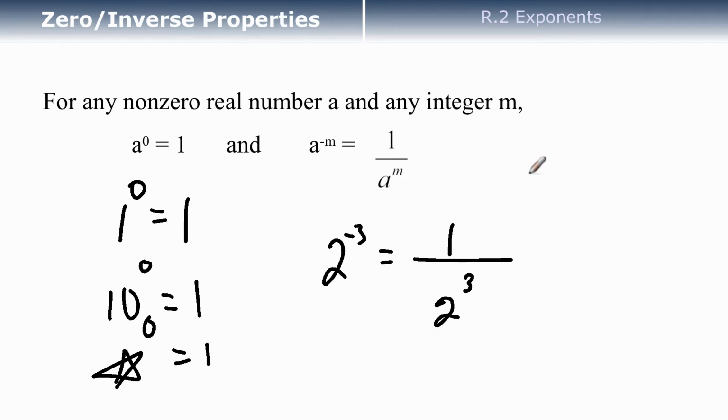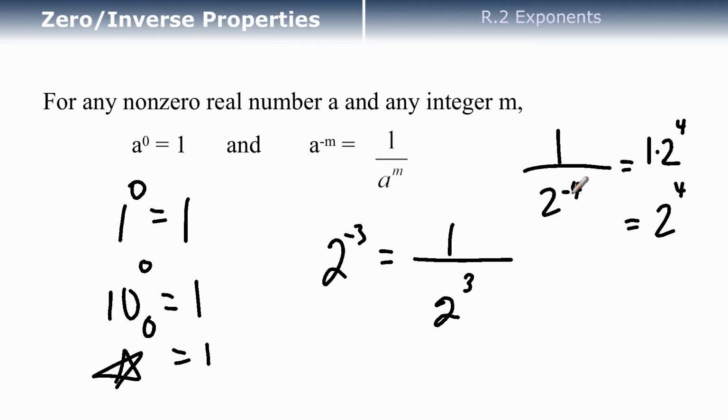Or if I have 1 over 2 to the minus 4, in this case the exponent is negative, it's on the bottom, I can move it up to the top, so it would be like 1 times 2 to the positive 4. And 1 times 2 to the positive 4 is just 2 to the 4th.